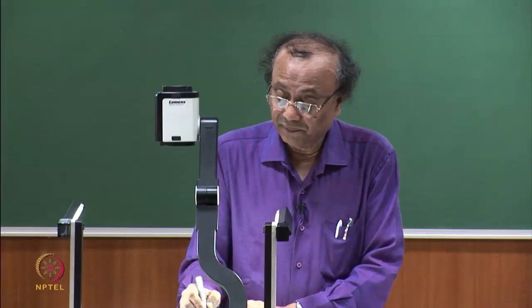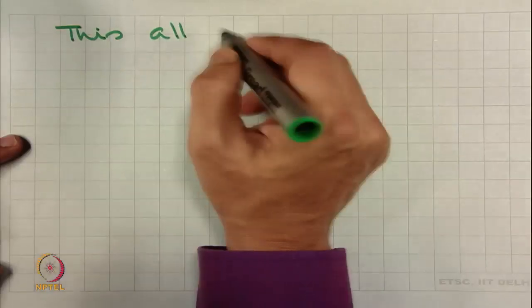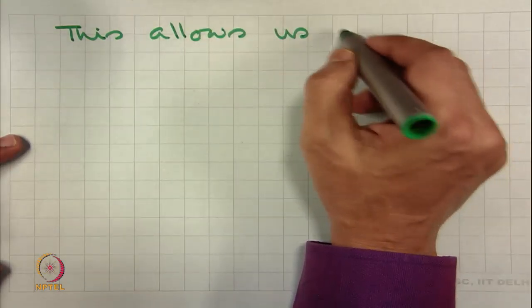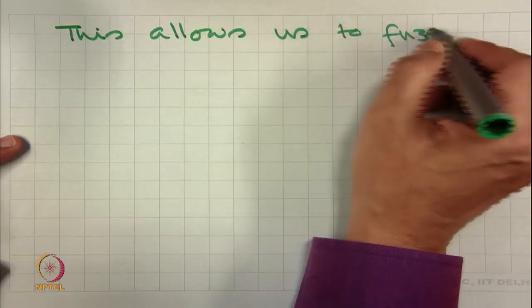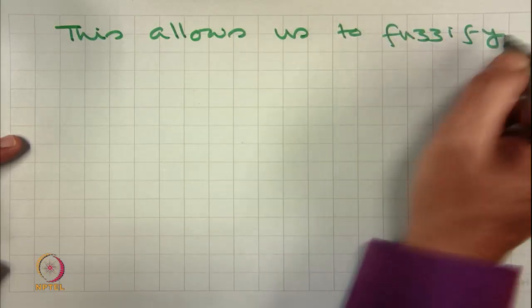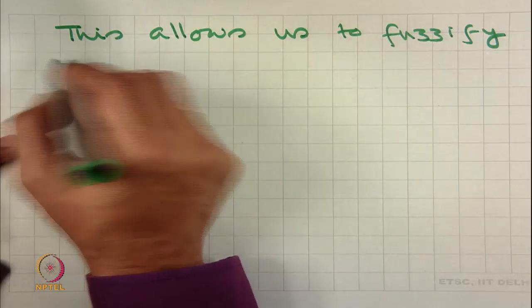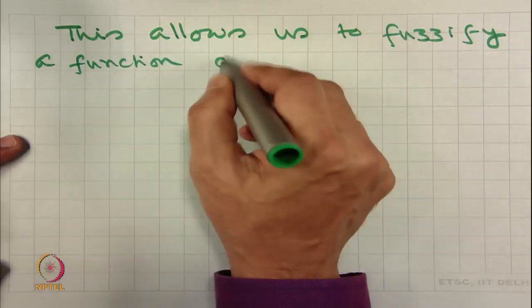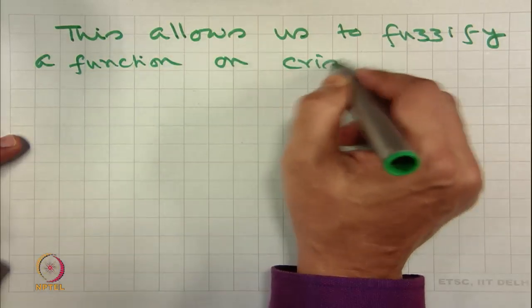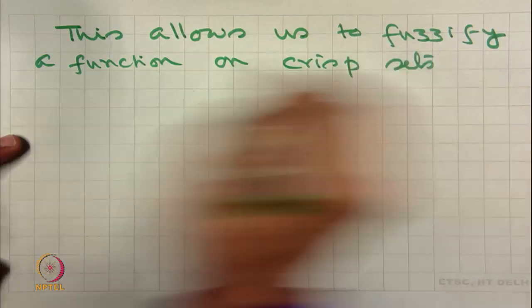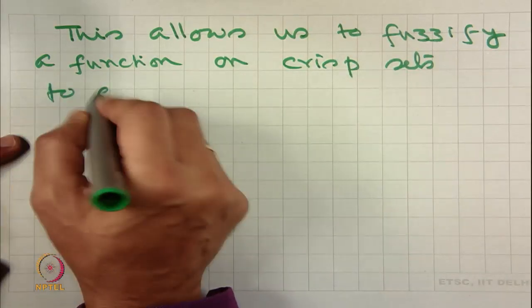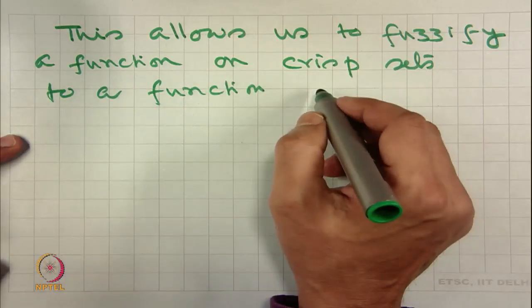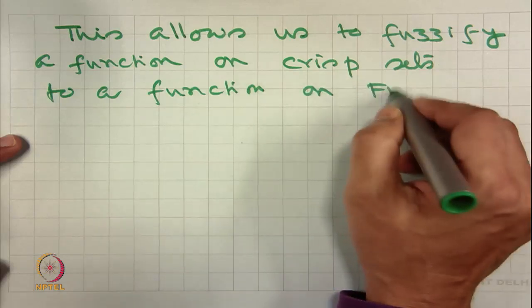This allows us to fuzzify a function on crisp sets to a function on fuzzy sets.